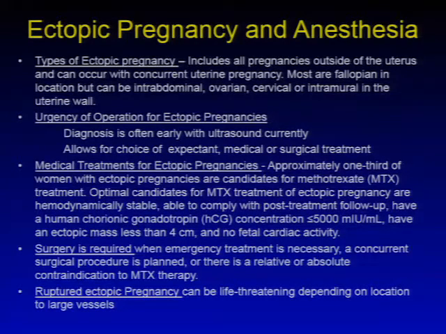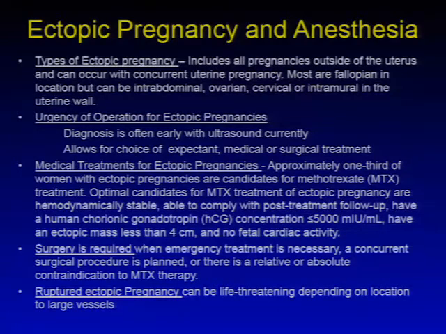Most ectopics are fallopian in location, but they can be intra-abdominal, ovarian, cervical, or even intramural in the uterine wall. Ectopic pregnancy is usually diagnosed early now with ultrasound. And this allows for the choice of expected medical or surgical treatments.